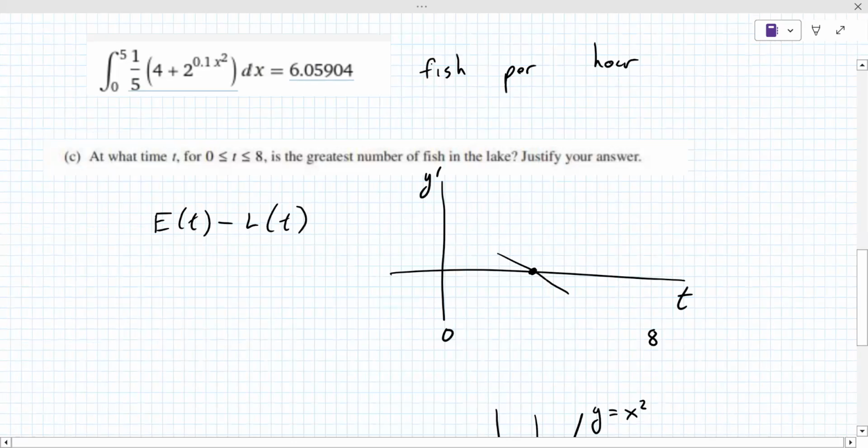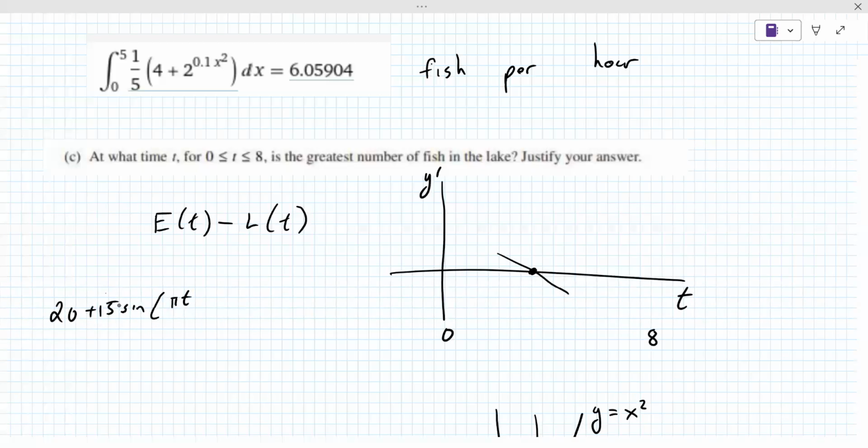So E of t is 20 plus 15 sine pi t over 6, minus 4 plus 2.1 t squared. So we want to graph that. If you want, I could do it on the TI-83. I typically do my graphing on Desmos just because it's easier to visualize, see all the features. But I'm happy to do it on the TI if needed.